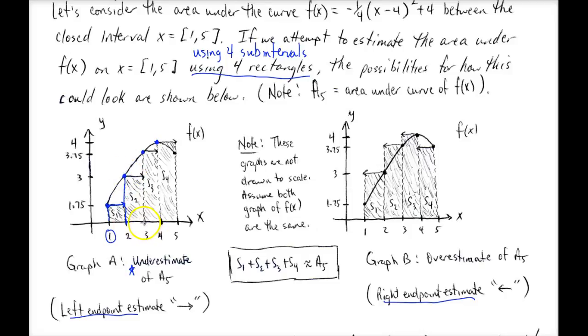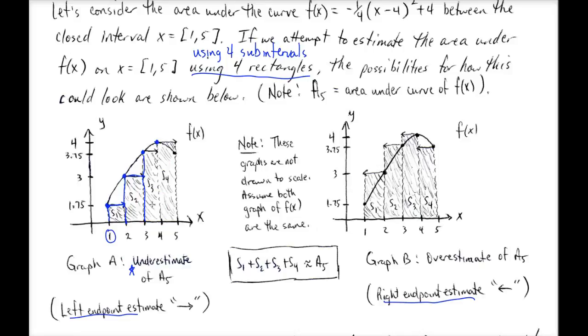The same thing coming up here. Whatever that particular y value is, I then move over from the left to the right, and that's how I'm defining these rectangles.